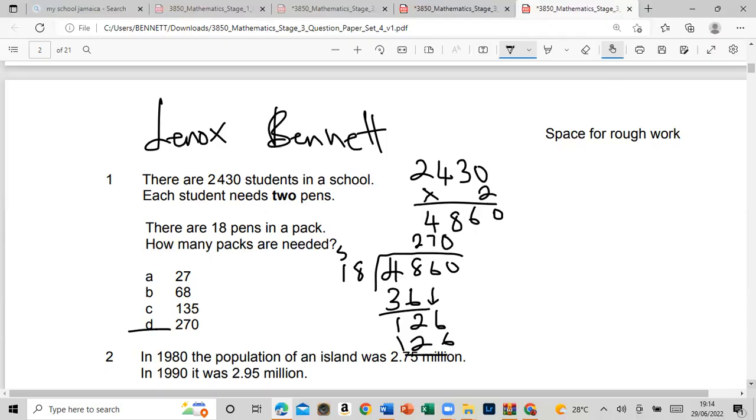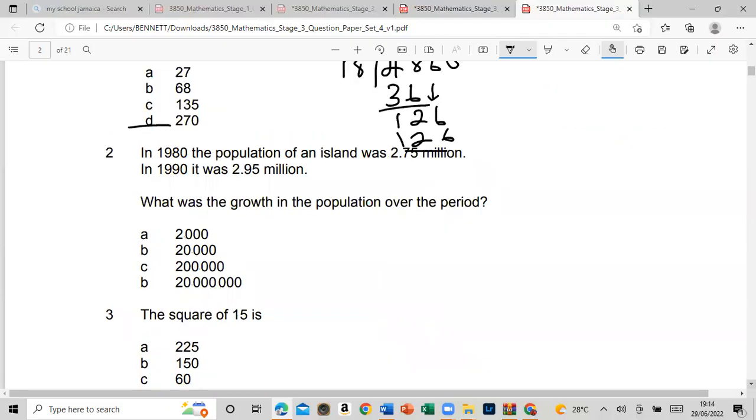In 1980 the population of an island was 2.75 million. In 1990 it was 2.95 million. What was the growth of the population over the period? From this, leave 2, so that will be 200,000.